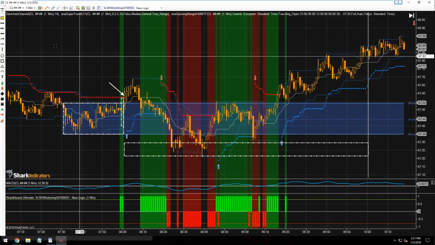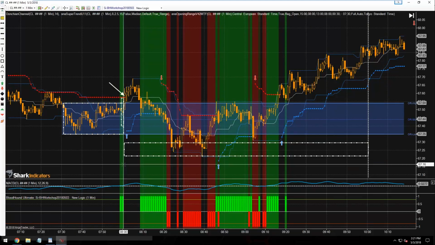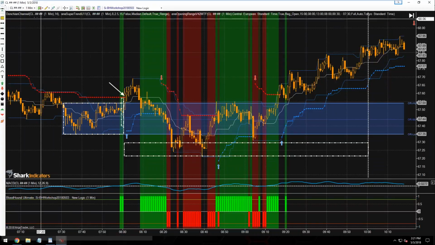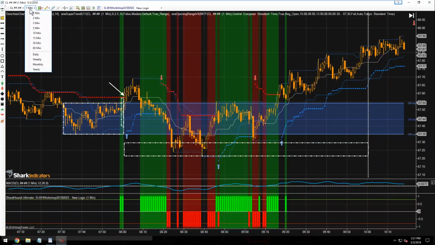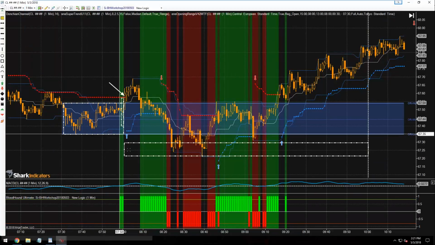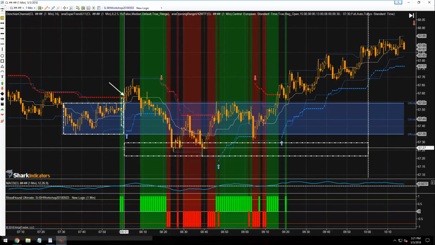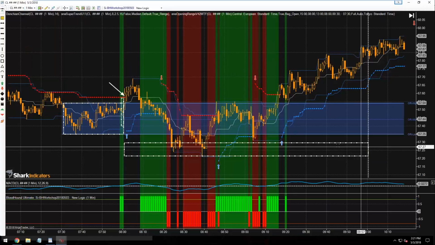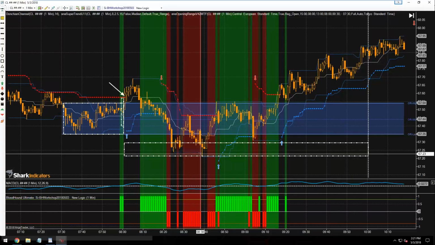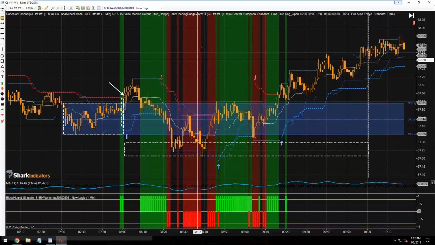So 2 hours on a 1 minute chart is 120 bars, right? So if you're using something different than a 1 minute chart, then you'll have to recalculate how many bars you need to extend for. It's okay to go over.